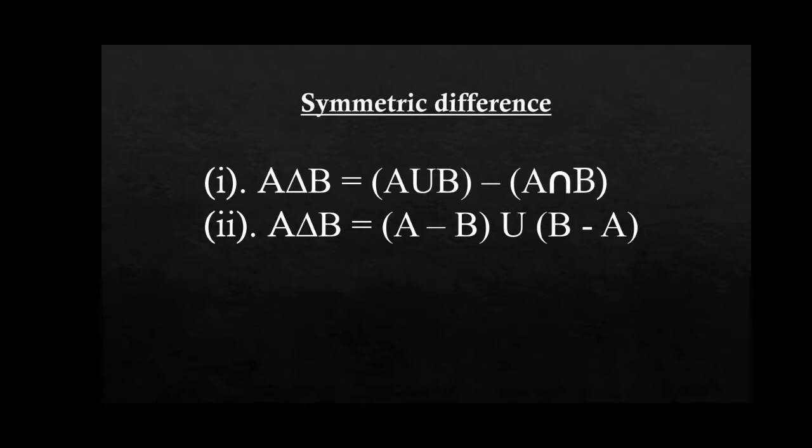A delta B is equal to A union B minus A intersection B, and A delta B is also equal to A minus B union B minus A. So whether you solve the right hand side of the first formula or the second formula, we get the same answer.